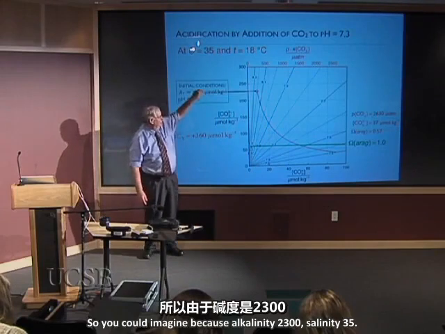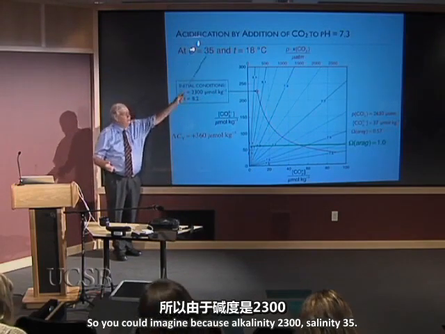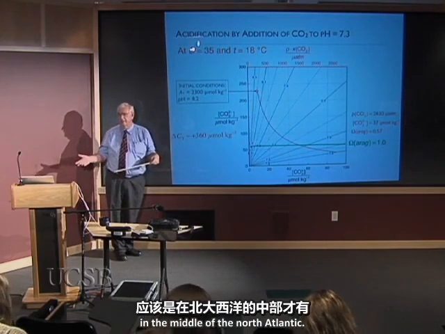So you could imagine, because alkalinity 2300, salinity 35, this is the same water that you would find in the middle of the North Atlantic. Why do I say that?